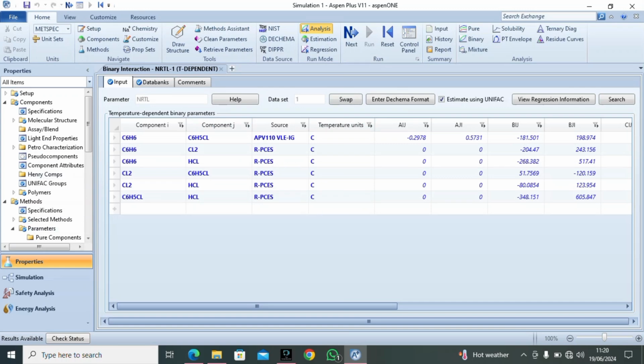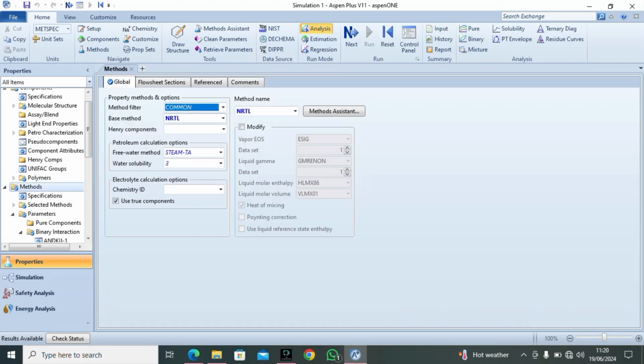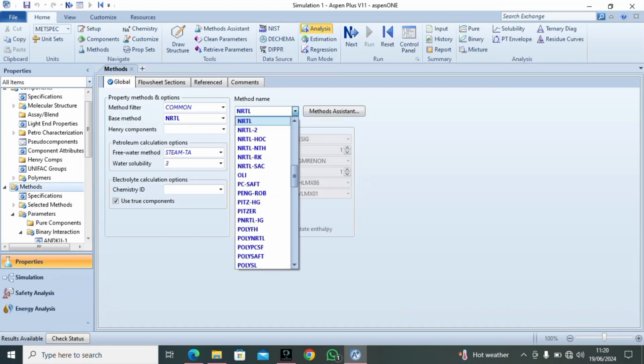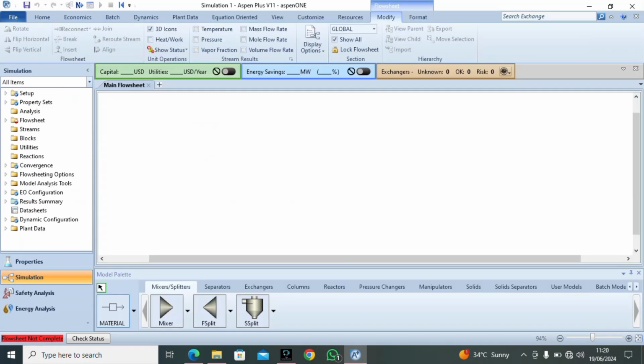For choosing methods, we specified the Peng-Robinson method for these components, so click on Peng-Robinson method and click on run. We see that results are available and no errors have occurred.